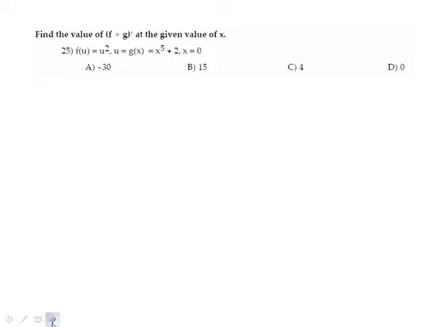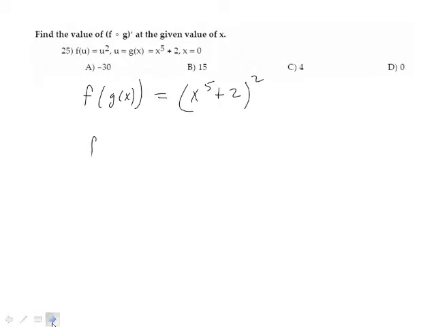Well, here is just a classic case of the chain rule. It's a composite function. F of g of x is just simply equal to x to the 5th plus 2 quantity squared.